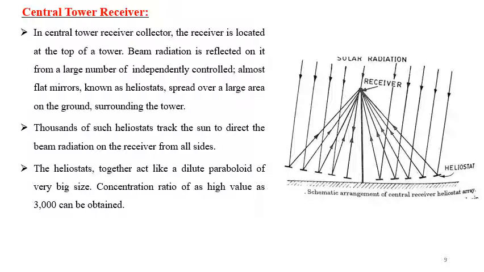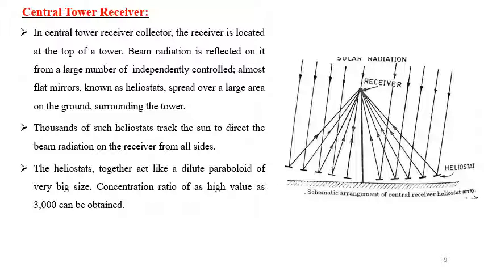The basic difference between a single mirror concentrator and the heliostat system is that the heliostat system is a dilute type mirror. This means the entire surface within the system is not covered with mirror surface.